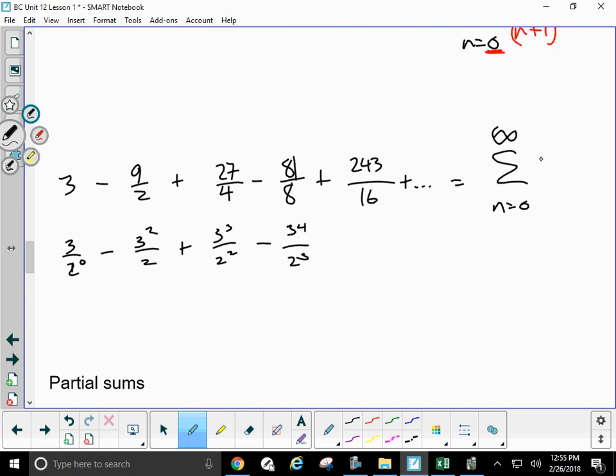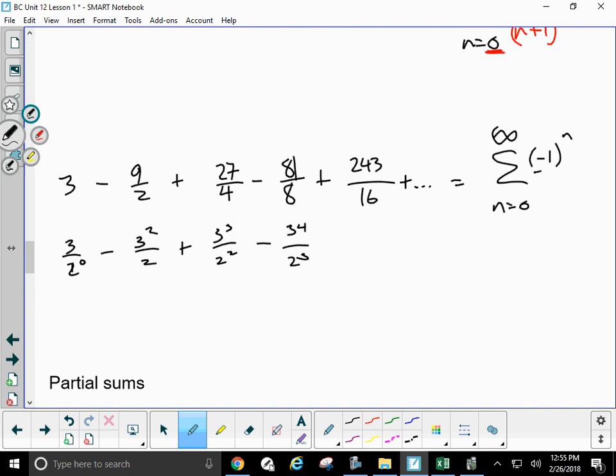Now, there are multiple ways to get this alternating sign to occur. You can either have a number be negative to a power of n, or you can just include a -1 somewhere to a power of n. So if I'm starting from 0, I can have just (-1) to the n. I know (-1) to the 0 is 1, and then (-1) to the first is -1. (-1) squared is positive, so that will alternate signs.